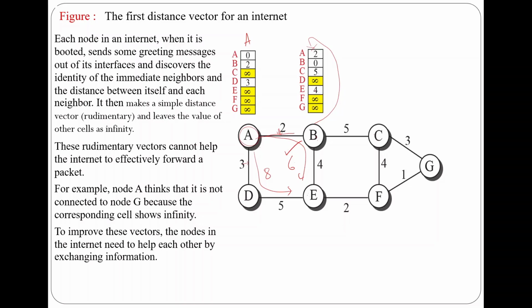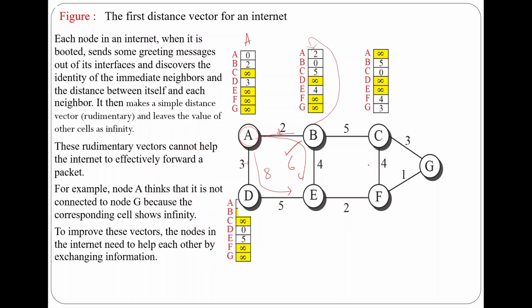Is it clear? So in that way, the distance vector algorithm, it will all happen in the first hop. Okay, first cycle lo idi jarugutadi, ila jarugutadi. Okay na? So similarly for C also you can have the distance vector algorithm in the first hop. You will have infinity values. So you understand what is the meaning of infinity values, that are not the immediate neighbors of that particular root node.